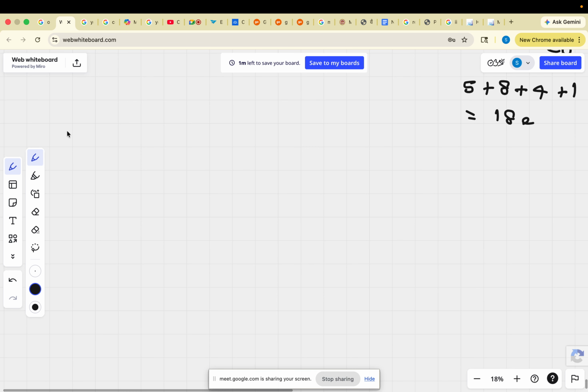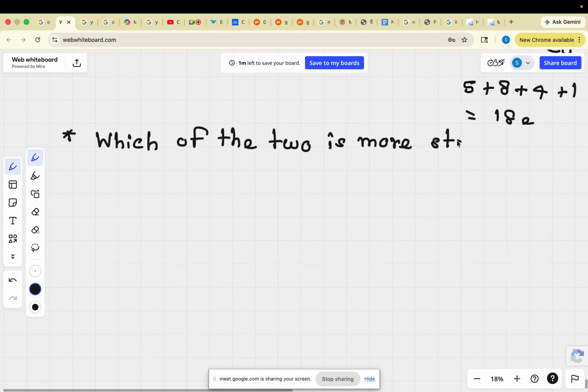Now next, suppose one question is like this: which of the two is more stable?